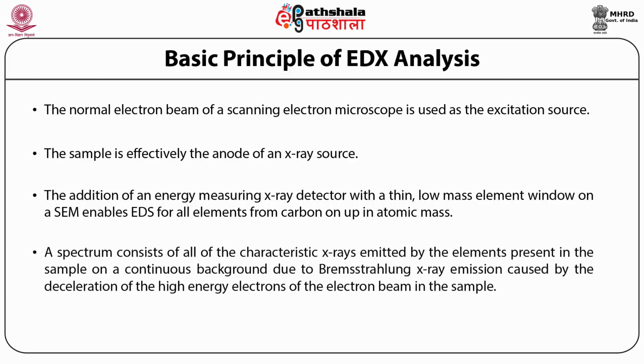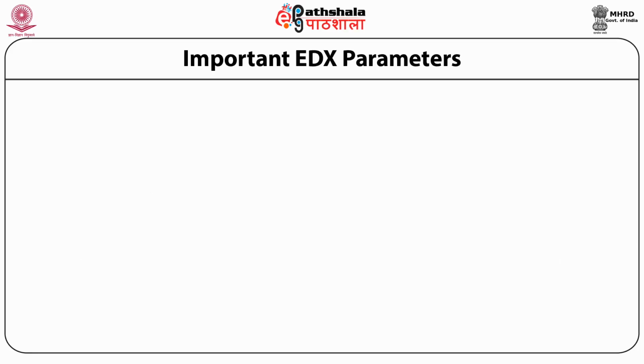A spectrum consists of all the characteristic X-rays emitted by the elements present in the sample on a continuous background due to bremsstrahlung X-ray emission caused by the deceleration of the high energy electrons of the electron beam in the sample.